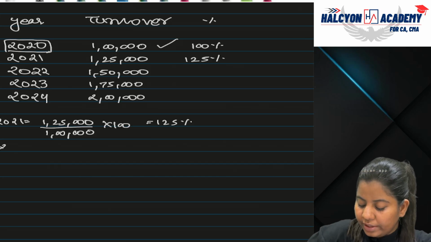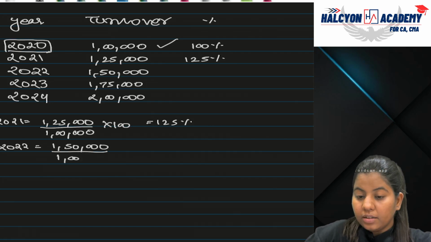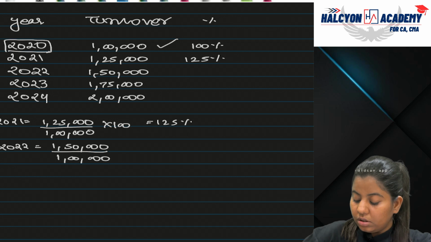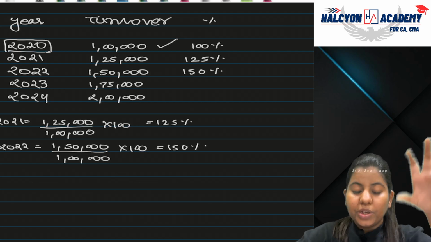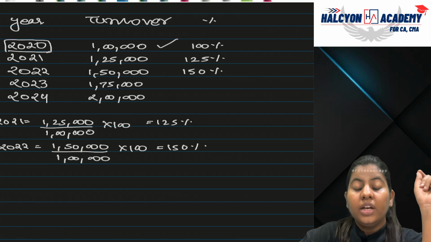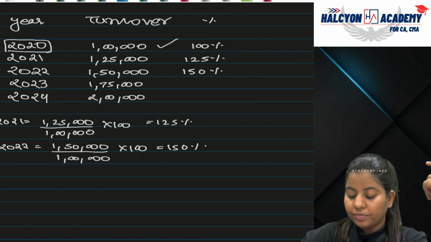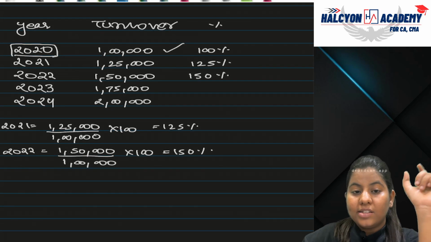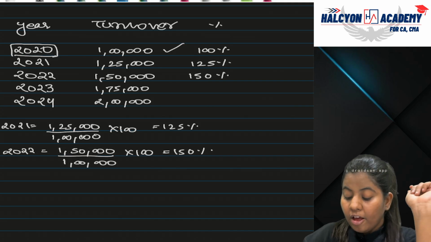Then in 2022, it will be 1,50,000 divided by 1 lakh into 100. It will be 150%. So you can see that in 2021 it was 125%, and in 2022 it grew by 25% again. But in comparison to 2020, it has grown by 50%.